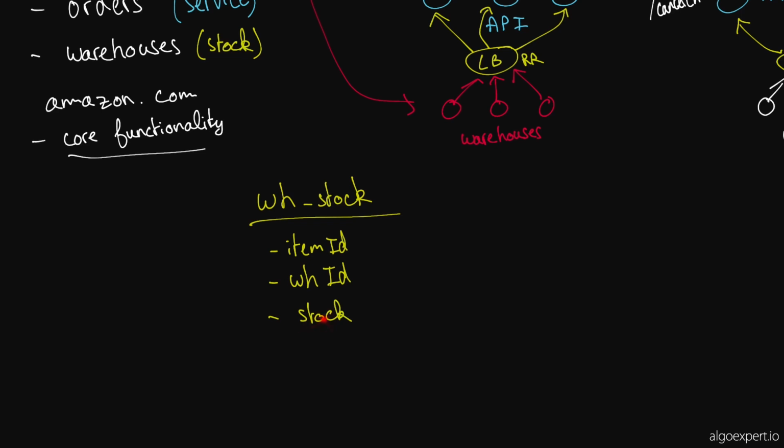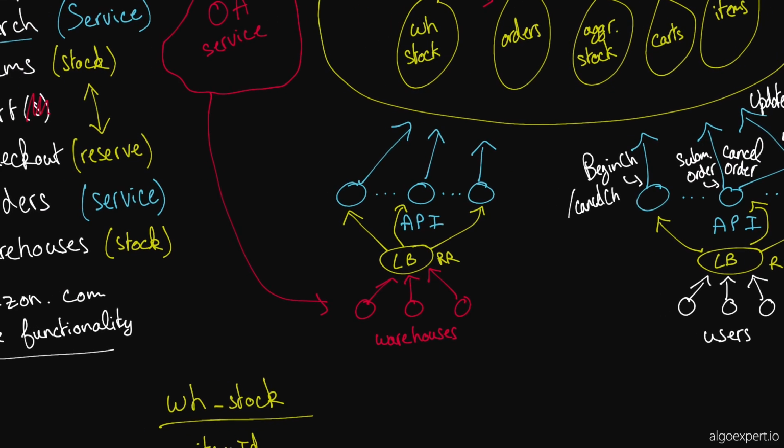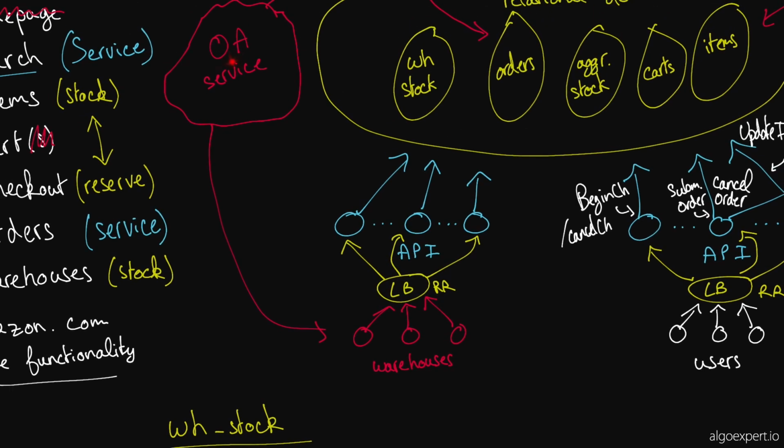Now, this is where things get tricky because when a warehouse actually ships an item, that consumes physical stock of the item from the warehouse. But when the order assignment service assigns an order to a warehouse, that should also kind of consume stock, right?